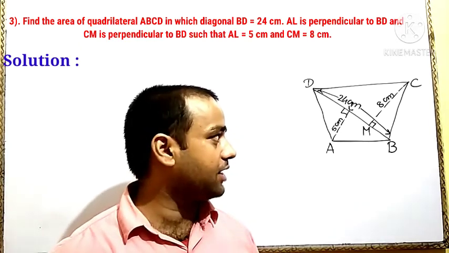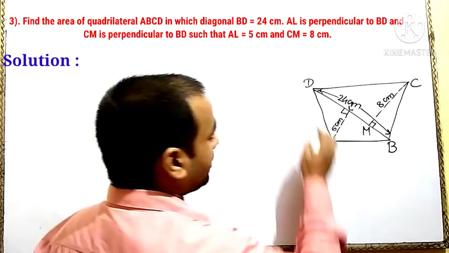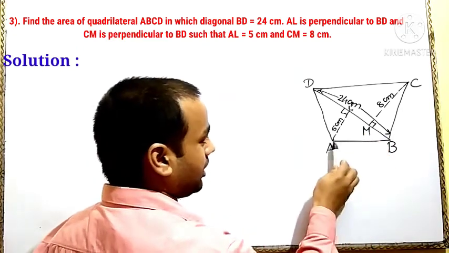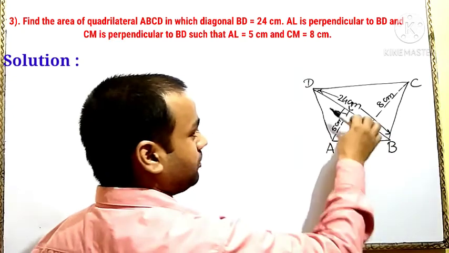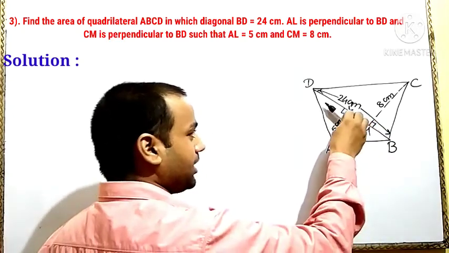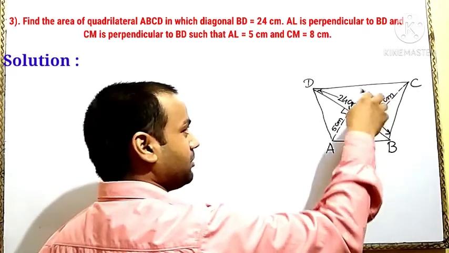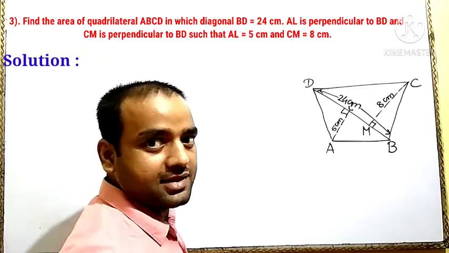Along the diagonal BD, two triangles are formed, ABD and BCD. When we find the area of this triangle and that triangle, their sum will be the area of quadrilateral ABCD.